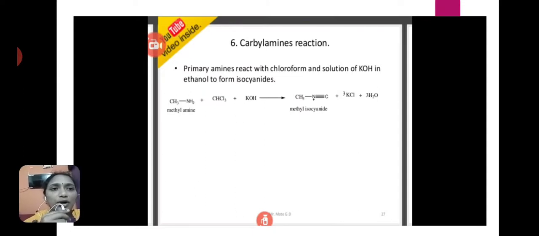Next is the carbylamine reaction. Primary amines react with chloroform and a solution of potassium hydroxide in ethanol to form isocyanides.